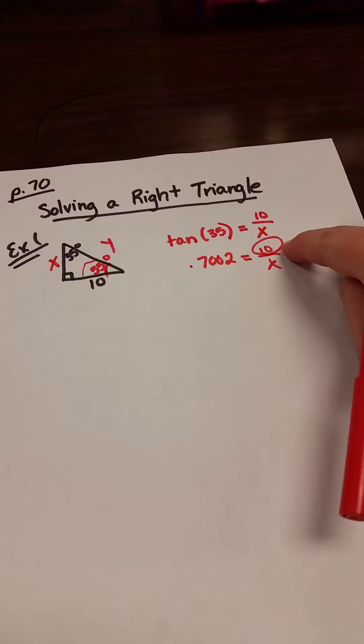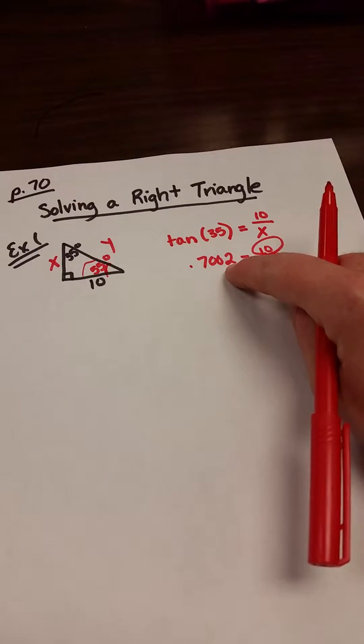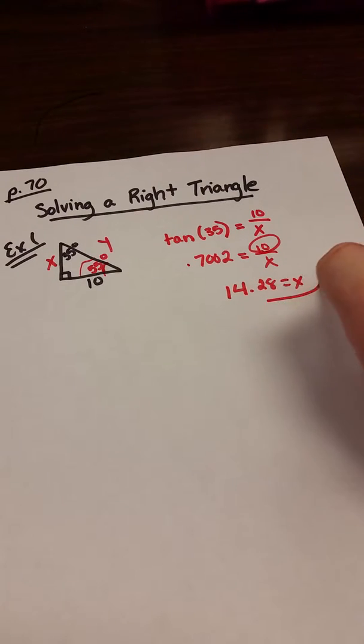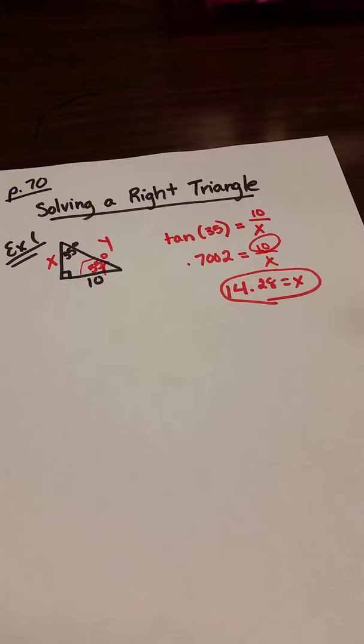So I'm going to do 10 in the calculator first. 10 divided by 0.7002, and that gives me 14.28. So that, or you can call this 14.3.